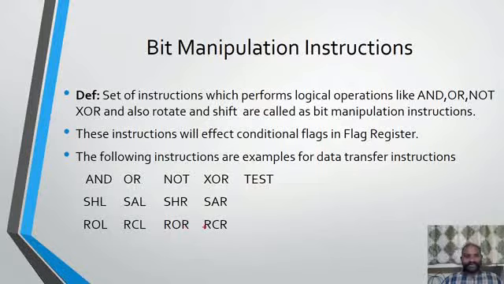Let us see the first set of instructions under bit manipulation, which is the AND operation. The syntax for the AND instruction is AND space destination, comma source.